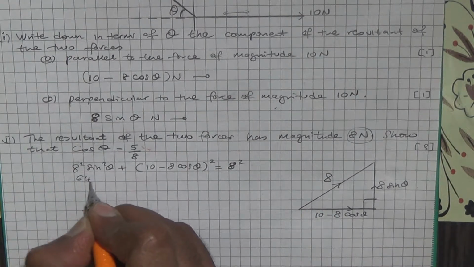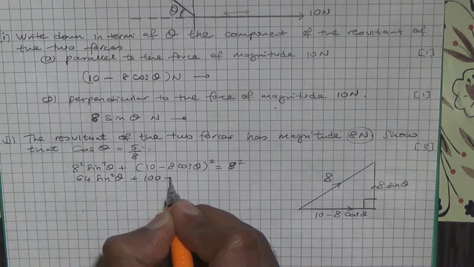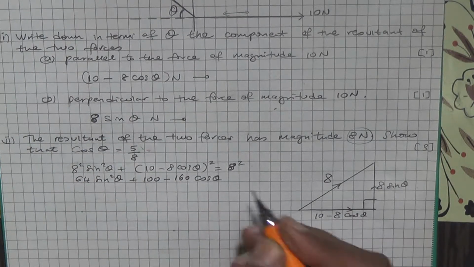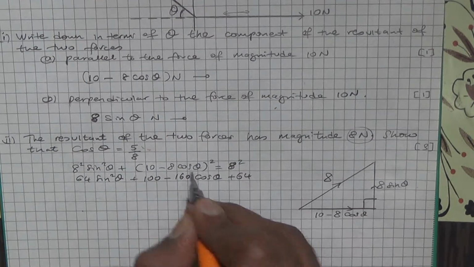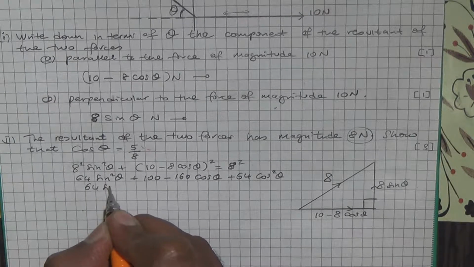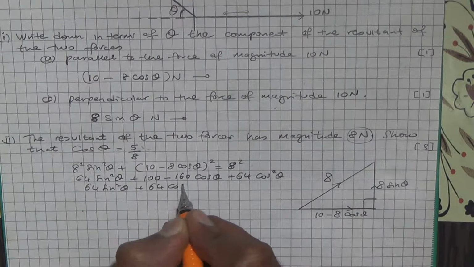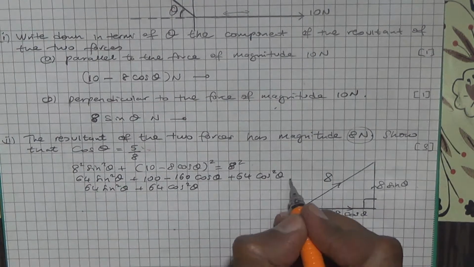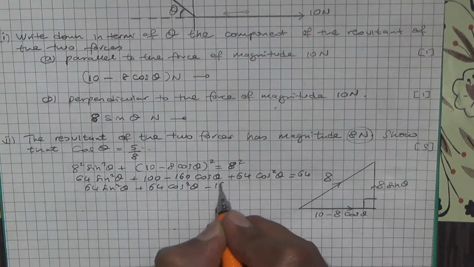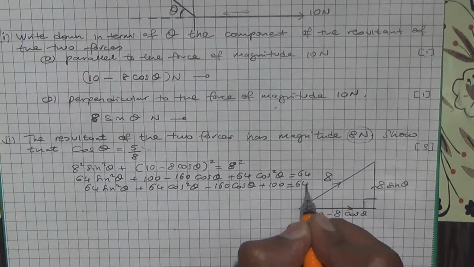So this is going to be 64 sine squared alpha plus 100 minus 160 cos of alpha plus 64 cos squared alpha. 64 sine squared alpha plus 64 cos squared alpha, all of that's going to be equal to 64, and minus 160 cos alpha plus 100 is equal to 64.